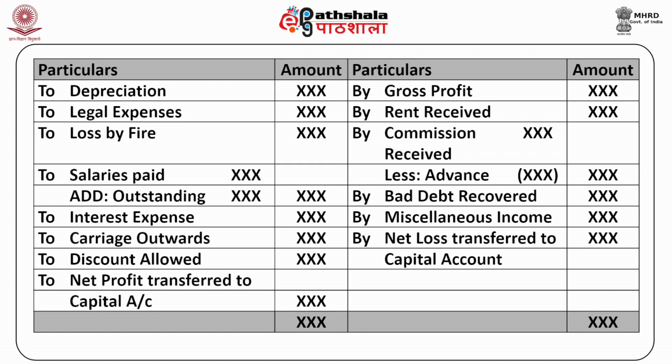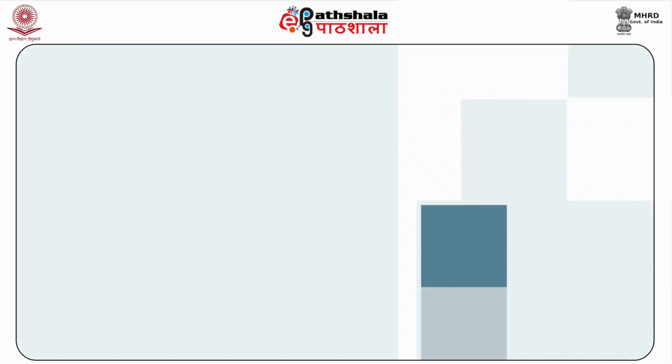On the right hand side, you will observe gross profit brought down, by rent received, by commission received, less commission received in advance, by bad debts recovered, by miscellaneous income, by net loss transferred to capital account. The total of the two sides must tally.